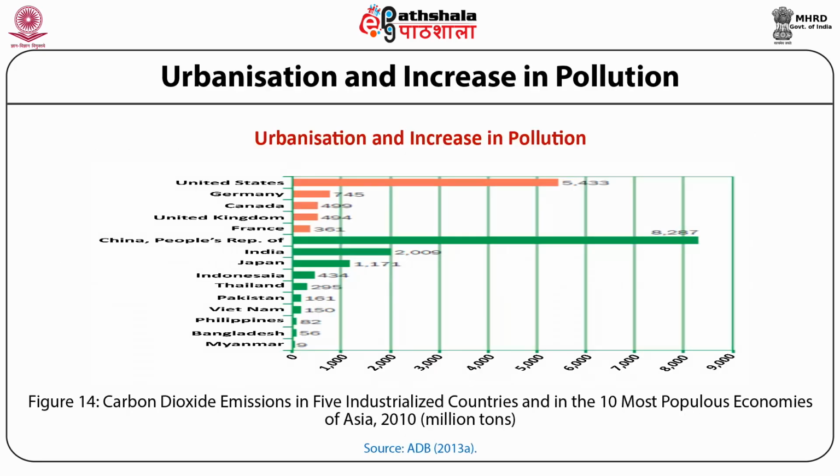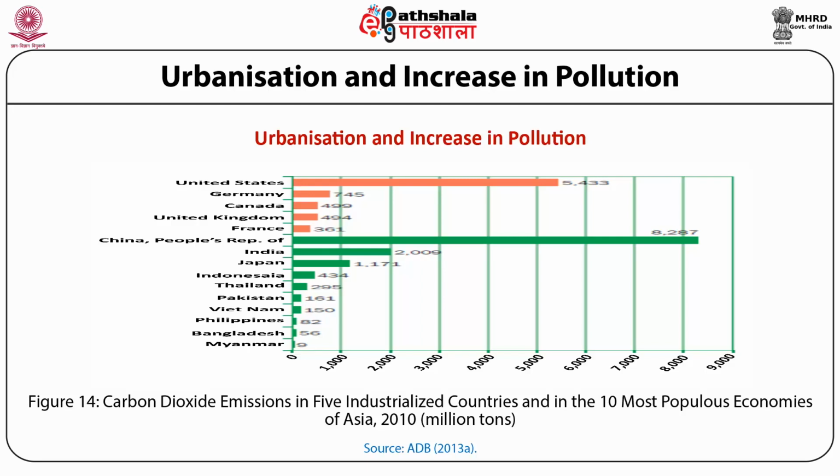These trends are also verified from a comparison of 5 industrialized countries with that of the 10 most populous economies of Asia. Currently, Asia is a major contributor to global carbon dioxide emissions. The People's Republic of China now emits more carbon dioxide each year, which is 8.3 billion tons, than the combined total of Canada, France, Germany, the United Kingdom, and the United States.